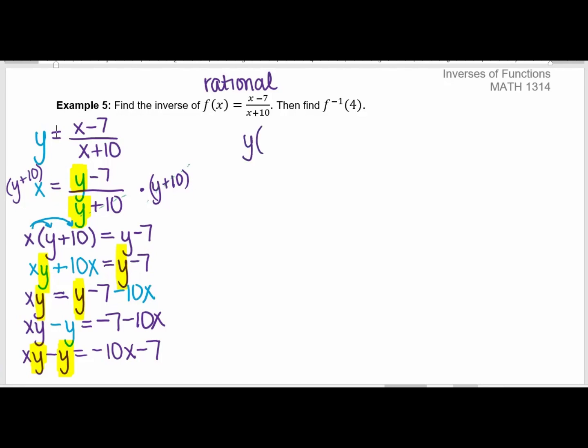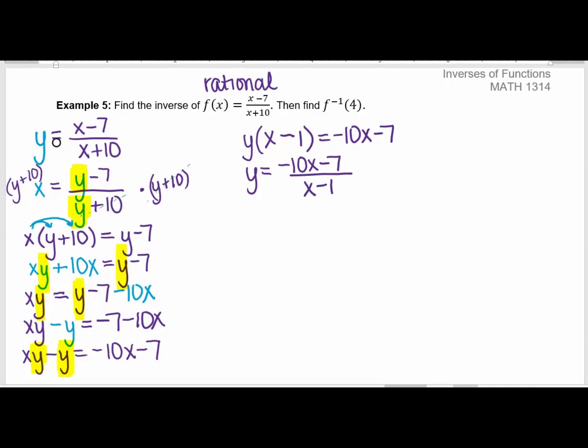If I factor out a y from xy, I'm left with x, carry my minus. Factor out a y from y, I'm left with 1, equal to negative 10x minus 7. Now I can divide both sides by the x minus 1. I get negative 10x minus 7 all over x minus 1.